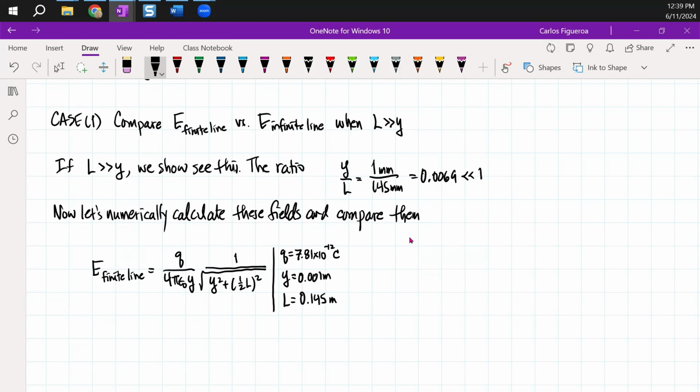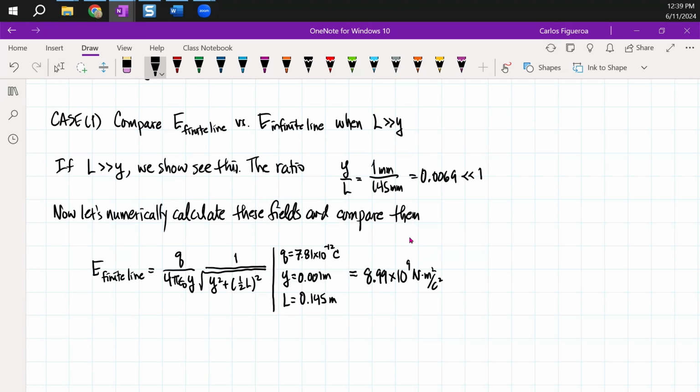So I'm going to assume that these digits are exact. Okay? If the digits are exact, then I'm going to get something like this here. So if I look at this thing numerically, then I have to talk about 1 over 4 pi, which is going to be 8.99 times 10 to the 9, and this will be a Newton meter squared per coulomb squared.